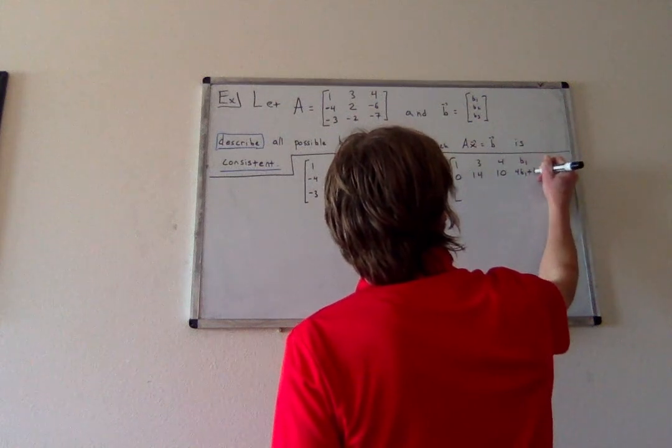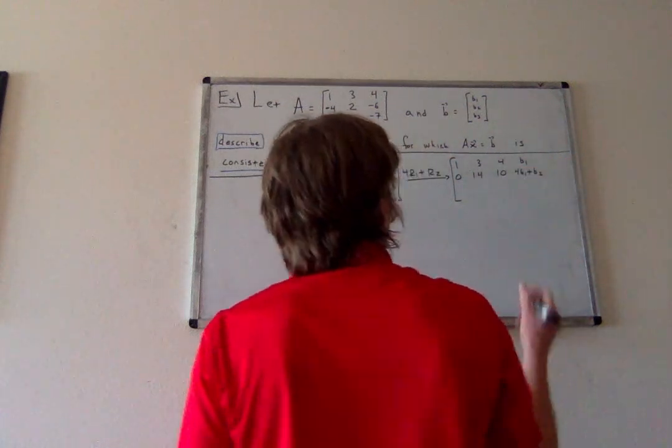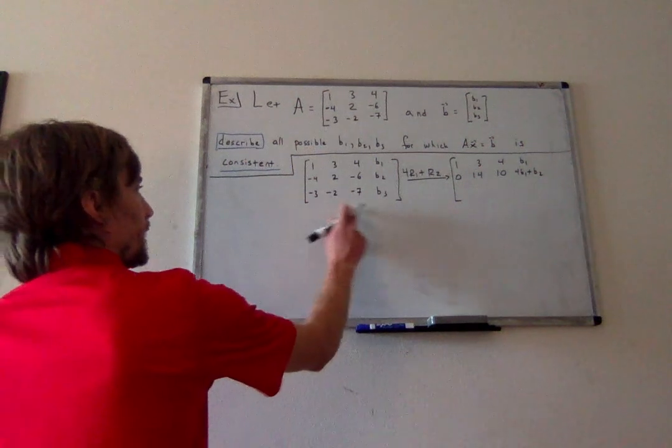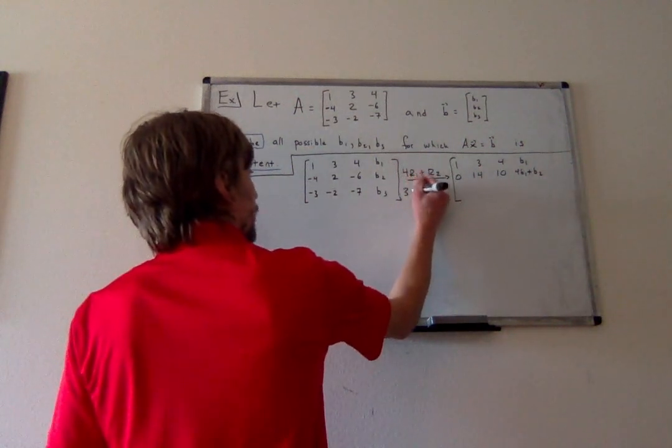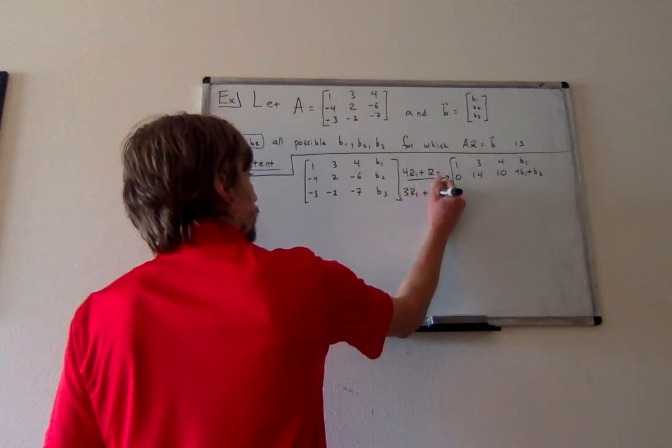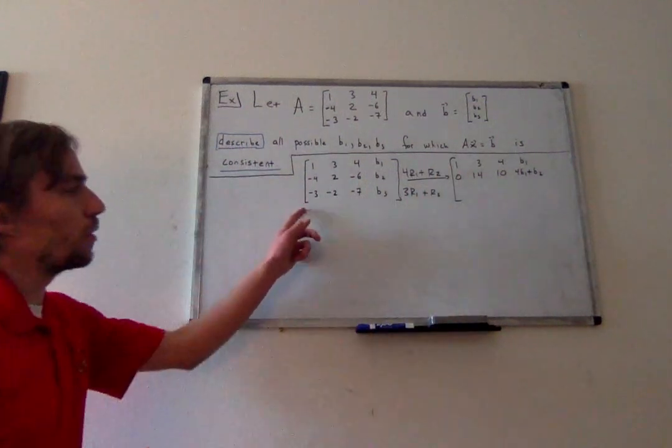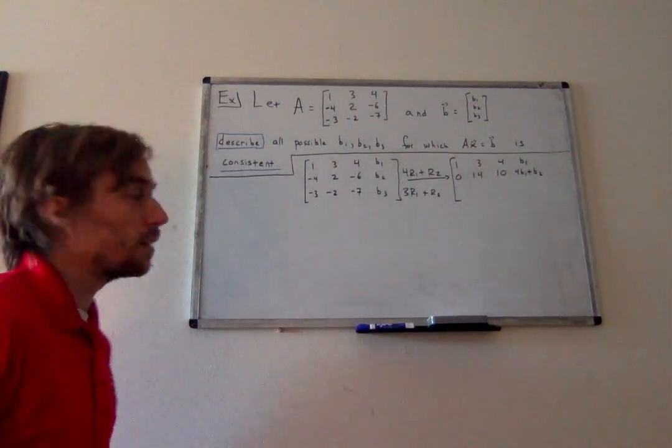And so notice in the last column, I just get a 4b1 plus b2. And so at the same time, I'm going to do 3 row 1 plus row 3. So I'm also going to clear out this negative 3 in the same step here.